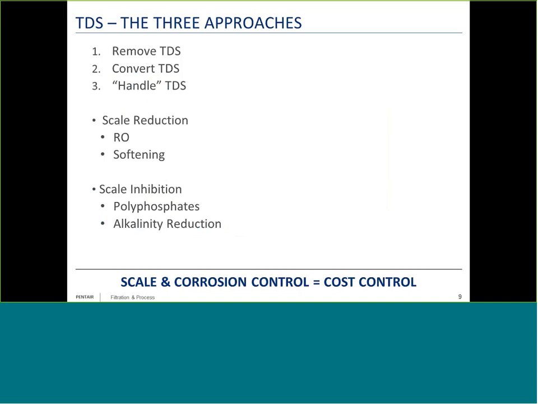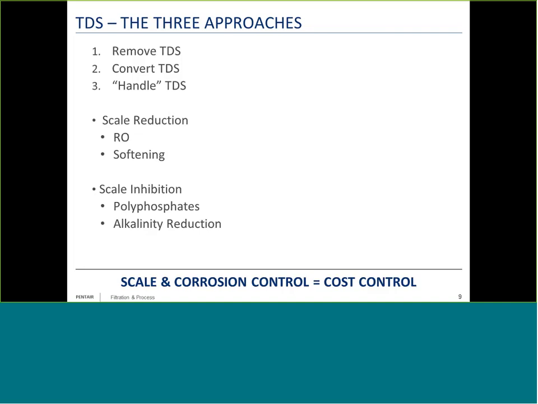That is reverse osmosis will remove TDS and drop that level completely to 90 to 95% rejection, and that allows us to then blend back mineral content and fine-tune water to specific applications. We can convert TDS. We can take the hardness and heavy metals out of water using a water softener, and then converting that or trading that or exchanging that for sodium, which is added into water in those metals' place.